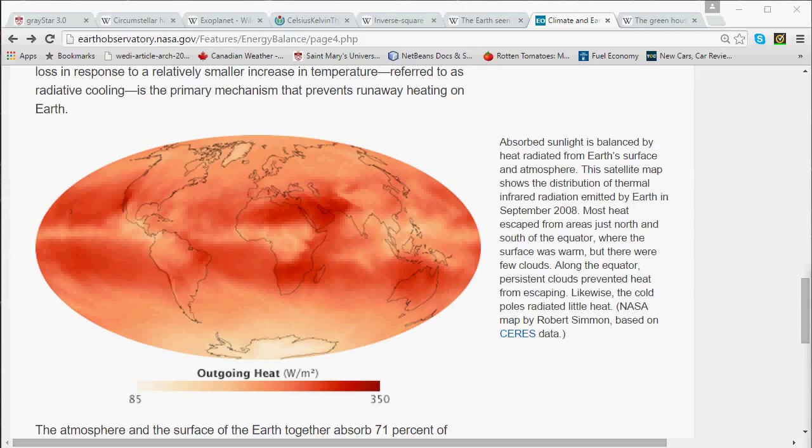Now that might seem like an astonishing coincidence at first, that the heating rate would happen to exactly match the cooling rate so that there's no net heating or cooling, but it's actually not a coincidence. Remember, we just saw that the rate of cooling by emission of thermal radiation is determined by the planet's surface temperature.